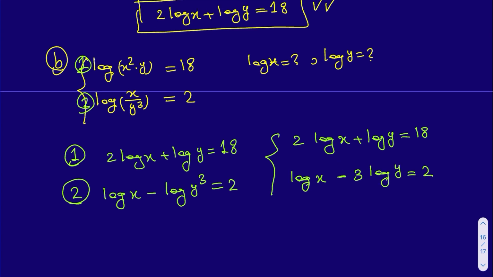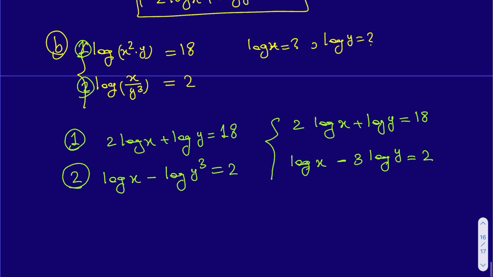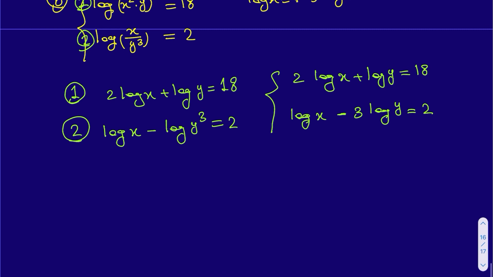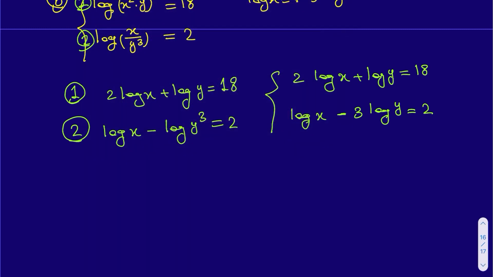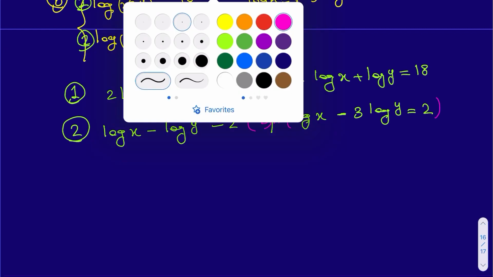Okay, so now here we can simply see that it's quite easy to find the value of log, because I can easily multiply this equation by the value of -2. I can multiply both sides of the equation by -2, and then I can rewrite this equation again in this way.